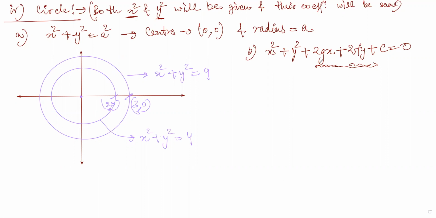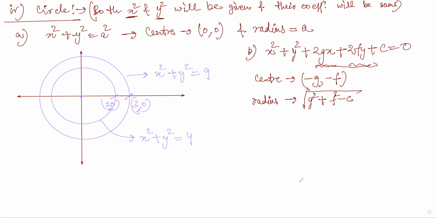So in these cases, the center is minus g comma minus f, and your radius will be root over g square plus f square minus c.